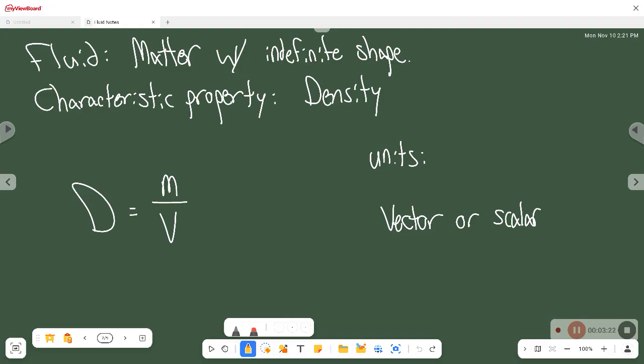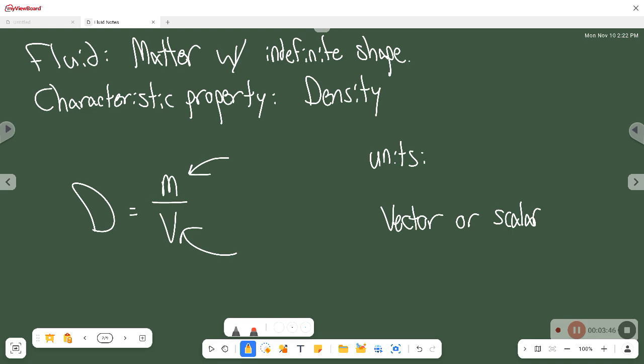Essentially, density is how much stuff is taking up how much space, okay? Another way you could think of it is how tightly packed the molecules of an object, fluid, gas, or liquid are, how densely packed those molecules are.